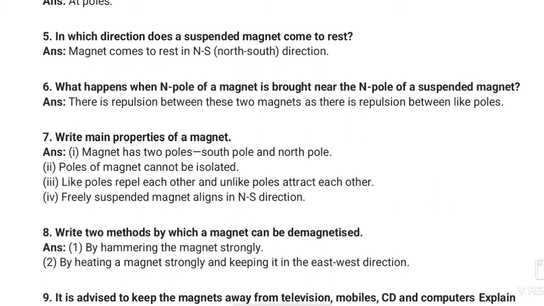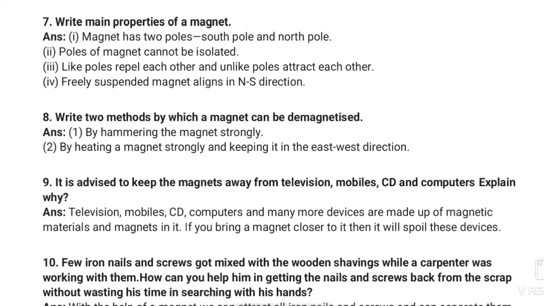A magnet should always be kept in the north-south direction. Next, if we throw a magnet from a height and it falls down, that is also why a magnet loses its properties.